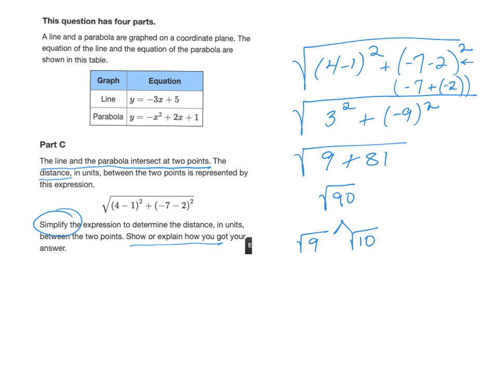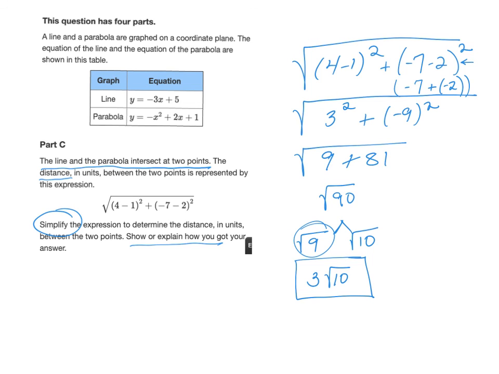Now, the square root of 9 we know is 3. That is a perfect square. The square root of 10 is not. The square root of 10 can only be broken down into 2 times 5, and those are both prime numbers. So therefore, this is the simplest answer that you could get.